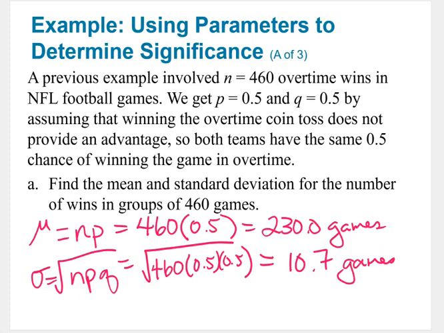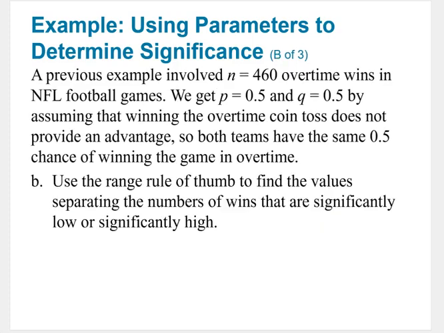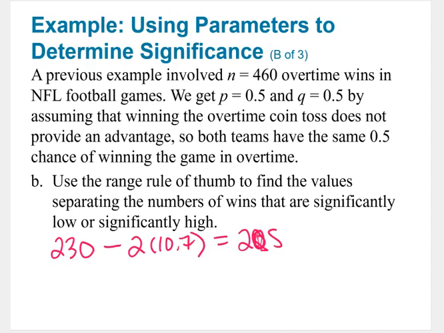So is that 252 game win that we talked about going to be something that's significant? So let's talk about that. Use the rule of thumb that we just talked about to find that. We have to go 2 standard deviations from the mean. On the low end, 230 is our mean, and we're going to subtract 2 standard deviations. And that would be 208.6 games.